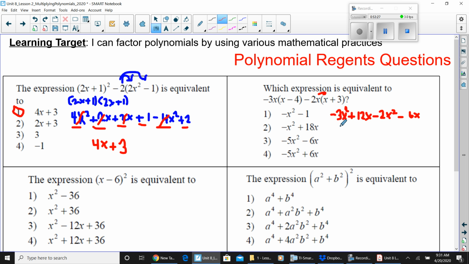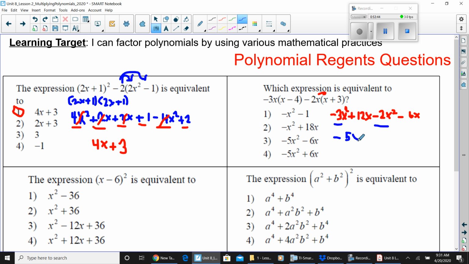So we have negative 3x squared and negative 2x squared is negative 5x squared.